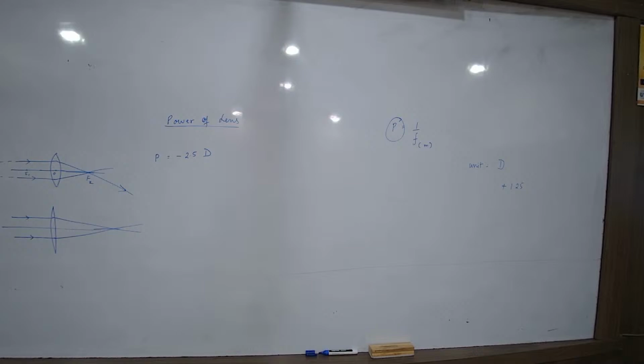Now we are doing the lens formula. As we have a formula for spherical mirrors, we also have a formula for spherical lenses. 1 upon V minus 1 upon U is equal to 1 upon F. That we have already said. How will we remember that there is a minus sign? Lens, the L has a dash at the bottom, so the dash looks like a negative. Look at the last few lines.